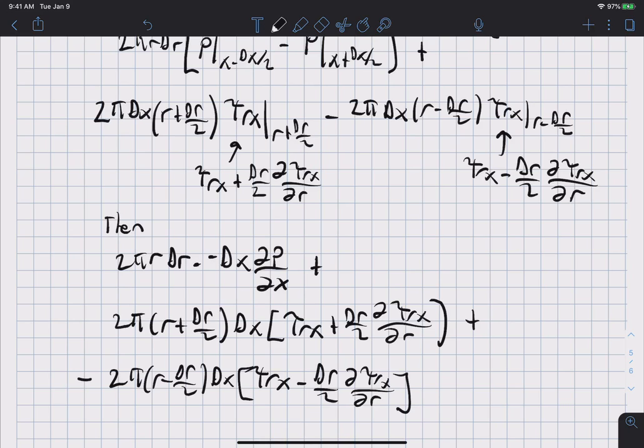Okay, and so I'm just going to simply expand these terms here and then simplify. And so simplifying, that's just really algebra at this point.